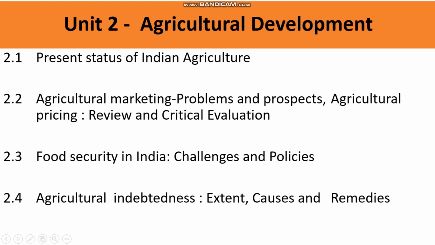Then after completing this, we will move towards another point that is related to agricultural pricing. Agricultural pricing means it is essential to maintain stability in the prices of agricultural commodities. As we know, agriculture depends upon nature.